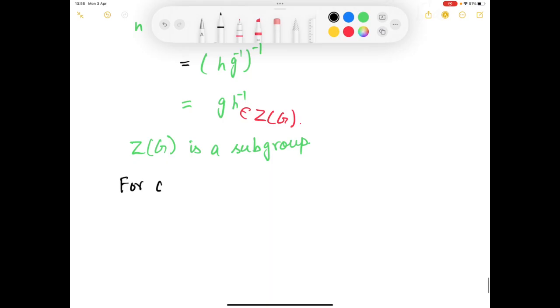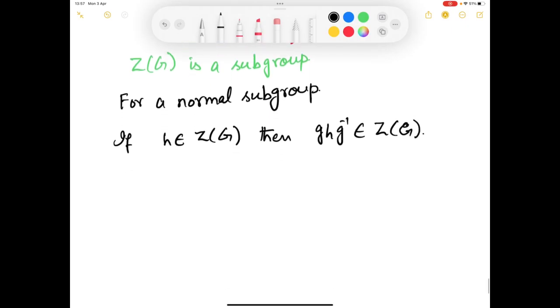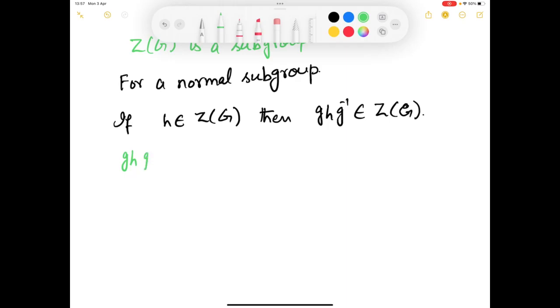And for a normal subgroup, we need to show that if h is in the center of G, then g h g inverse is also in the center of G. So we take g h g inverse with any element y in the group, then we can write this as h g g inverse times y, because h is in the center and we have commuted h with g here.